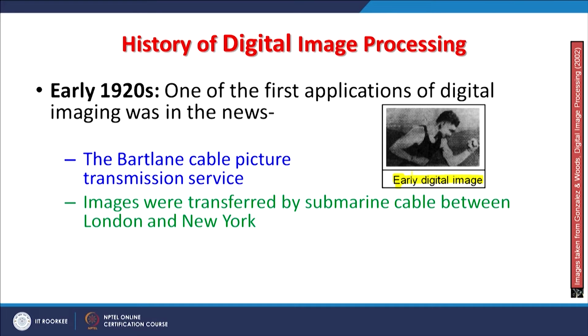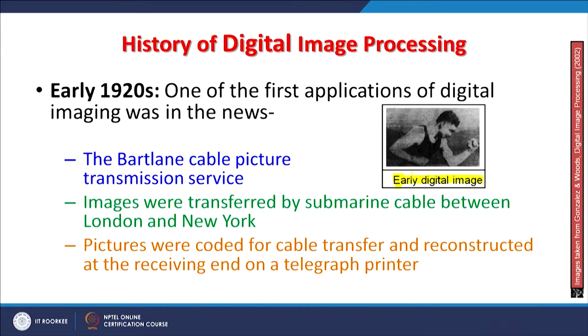Images were transferred by submarine cable between London and New York, which is a very long distance, and the pictures were coded for cable transfer and reconstructed at the receiving end on a telegraph printer. So at that time a lot of things were required to be done before the image was either printed or displayed on the screen.